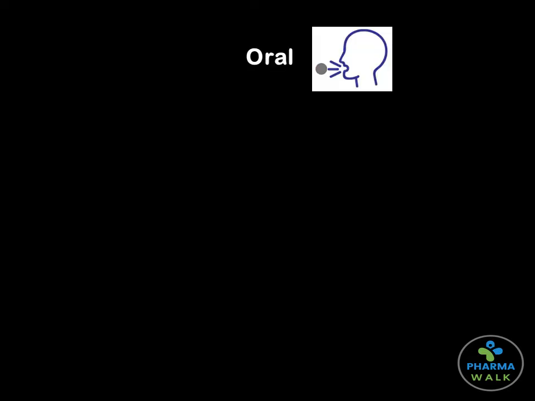Right, let's understand the advantage benefits of drug administration via this oral route. So simple, safe, convenient, patient can take or self-administration is possible, painless procedure. Now some demerits are also there, disadvantages are also there with the oral route. First, slow onset of action.